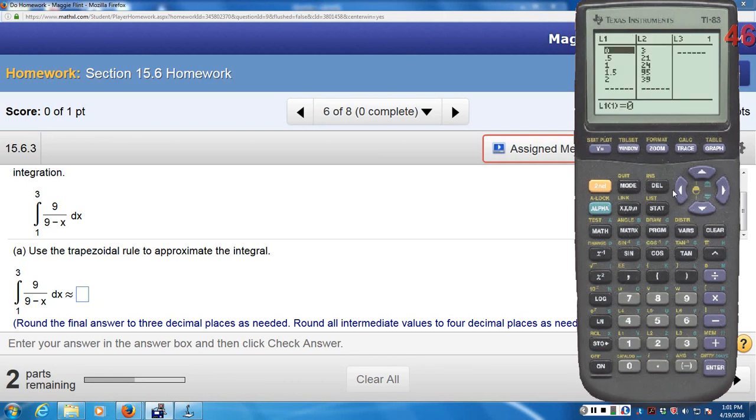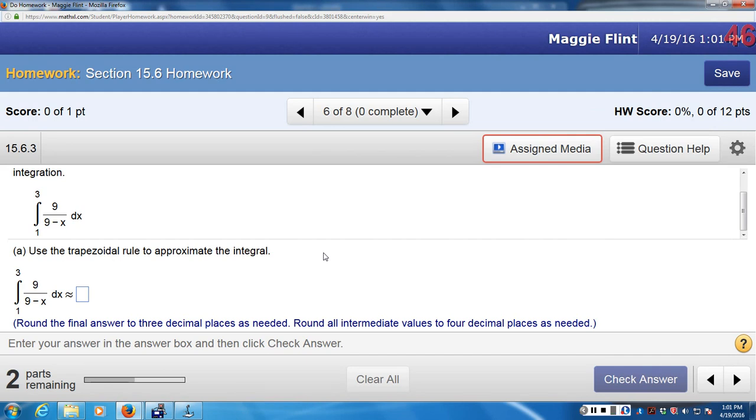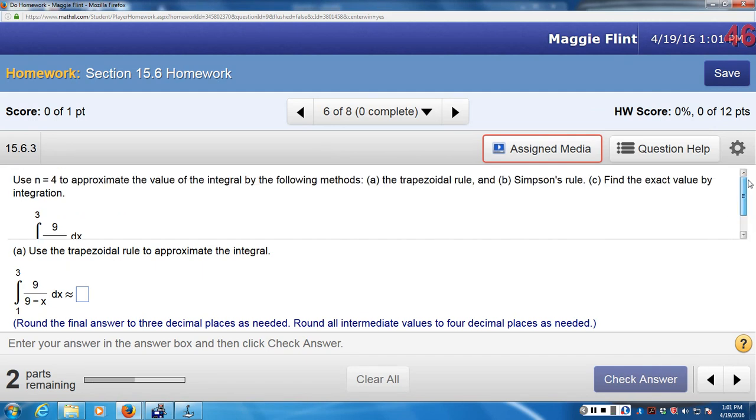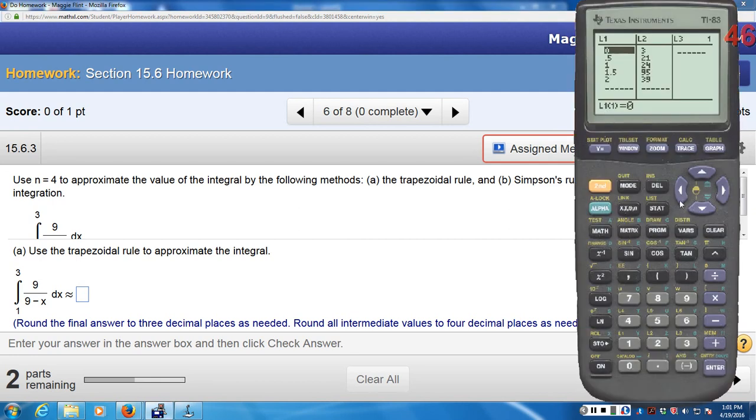And this time we're going from 1 to 3, and we want 4 rectangles. Let's see. I think I'm incrementing correctly.